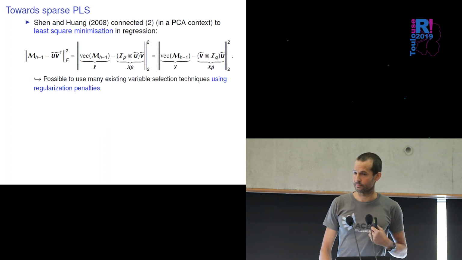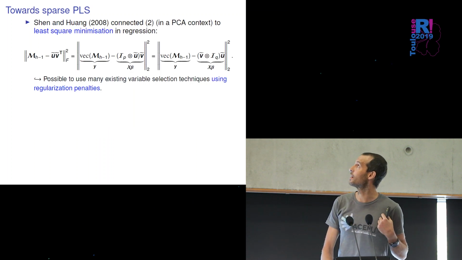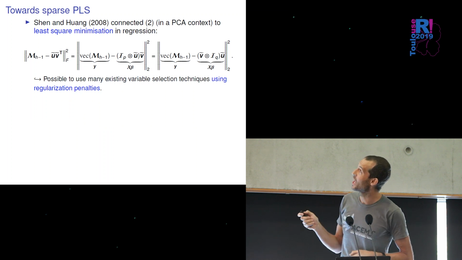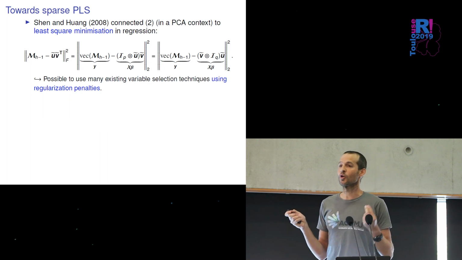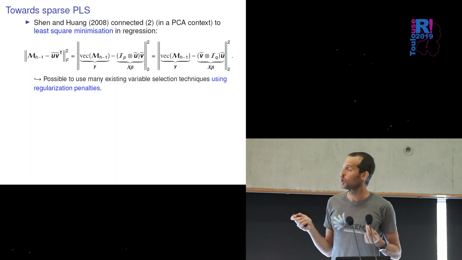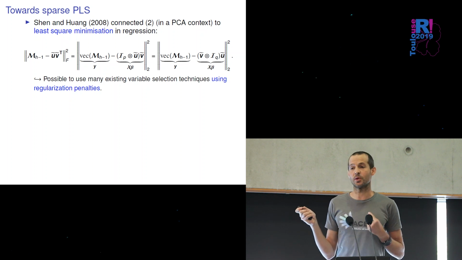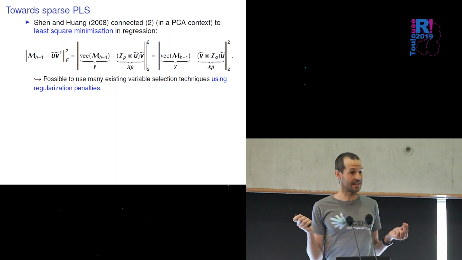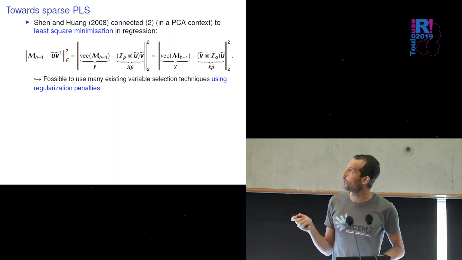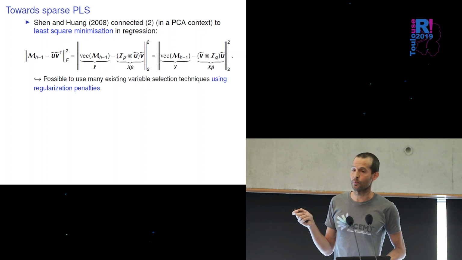It's not me who found this, it is Shen and Huang who connected the PCA to a least squares minimization problem. We can do the same with the PLS, and in fact you can write it like a regression problem.